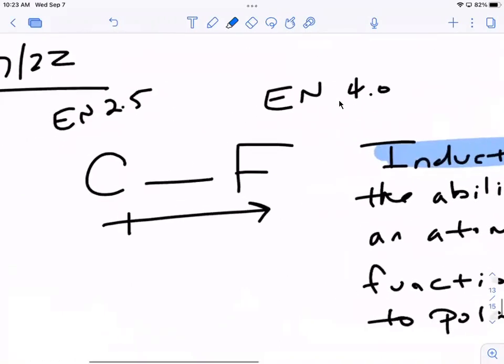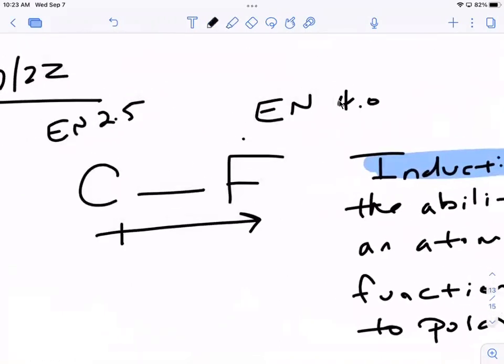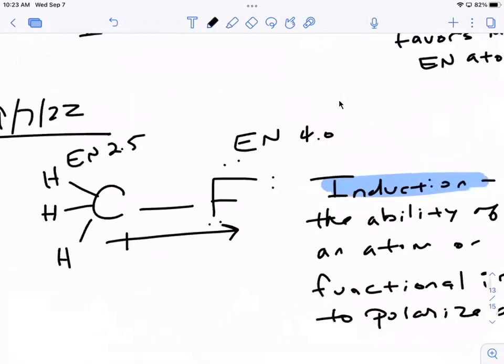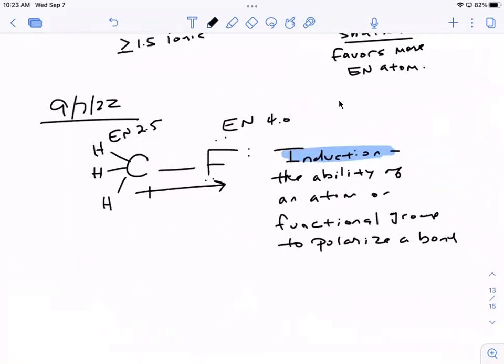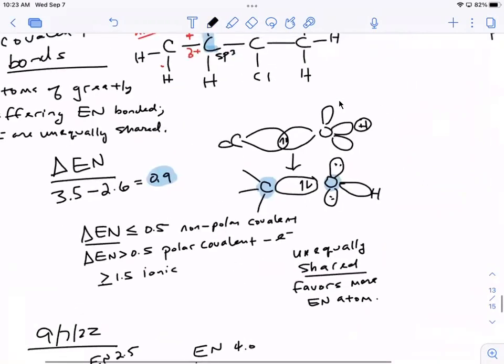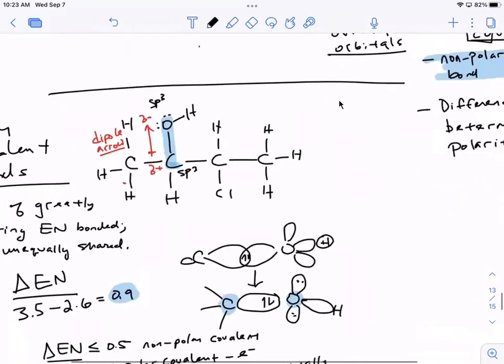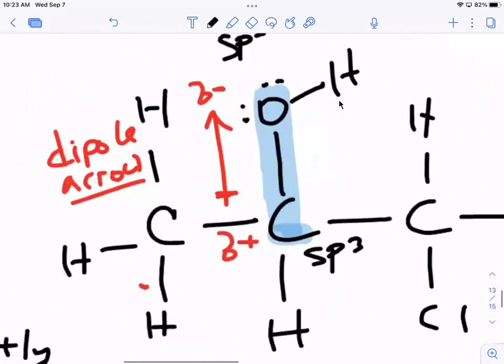So if we have something like this, where we have fluorine, we put some lone pairs in. I'm going to make this a CH3. The electrons are going to favor the more electronegative atom, so we put an arrow in. I talked about that on Friday, about the dipole.